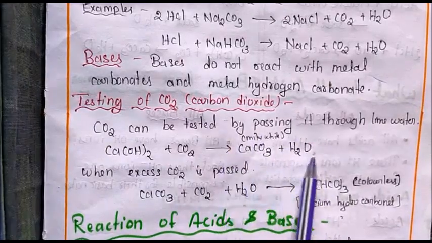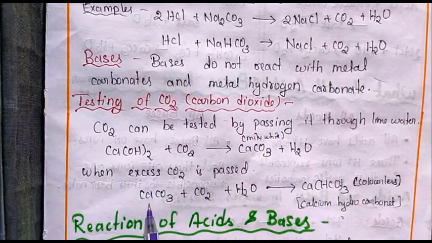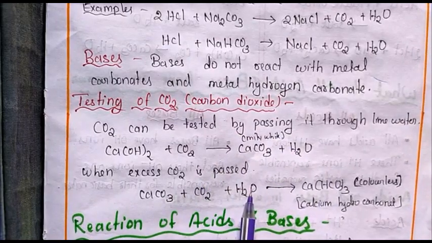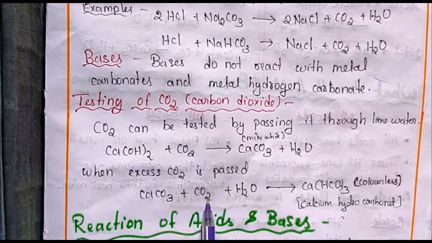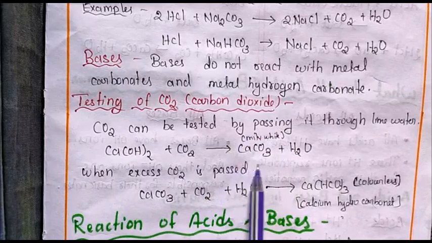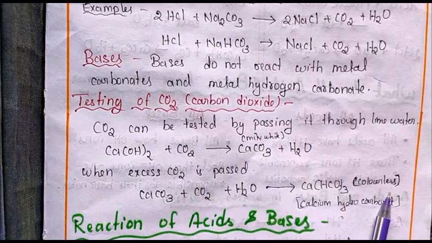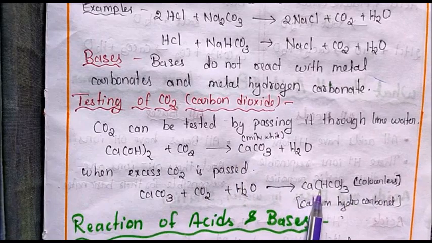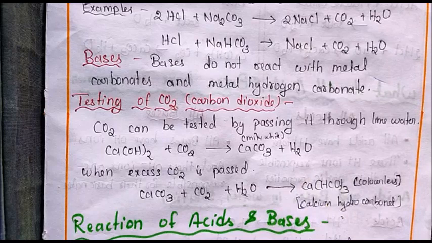Now again you add carbon dioxide. Now you add excess carbon dioxide, then this milky white calcium carbonate will change into colorless calcium hydrogen carbonate, Ca(HCO3)2, which is colorless. Like this we can test for carbon dioxide.